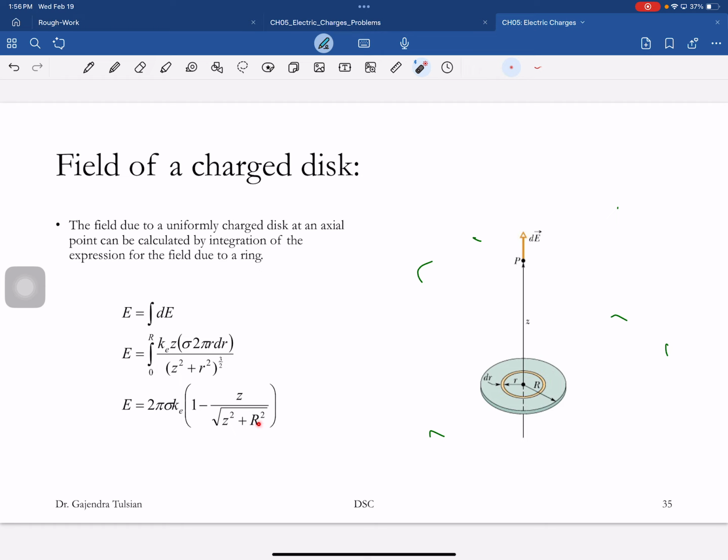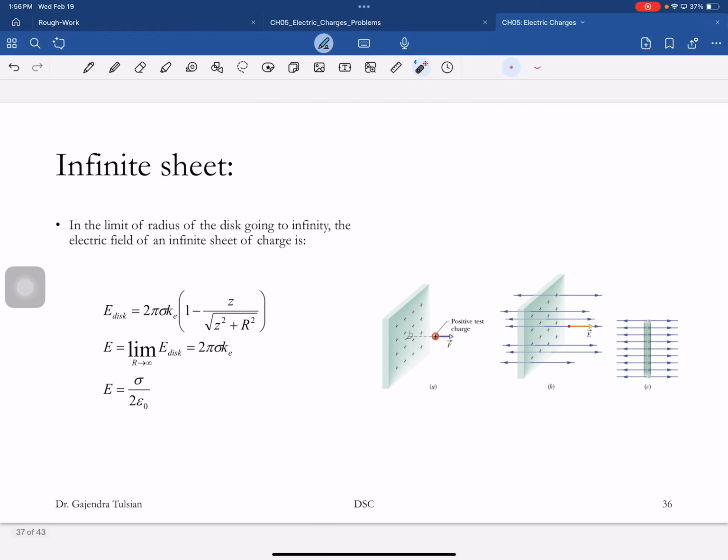If R goes to infinity, what happens? z is finite, so this term goes to 0. And the electric field is just 2 pi sigma k_e. The electric field from a uniformly charged sheet is sigma, the charge density, divided by 2 epsilon naught. This is a constant.